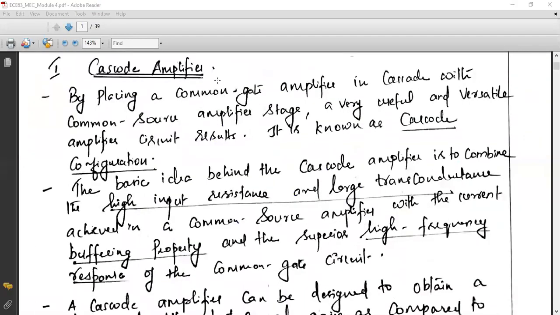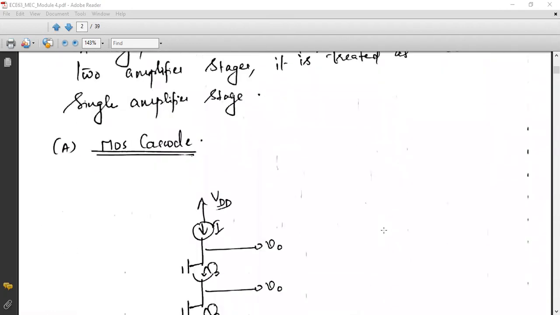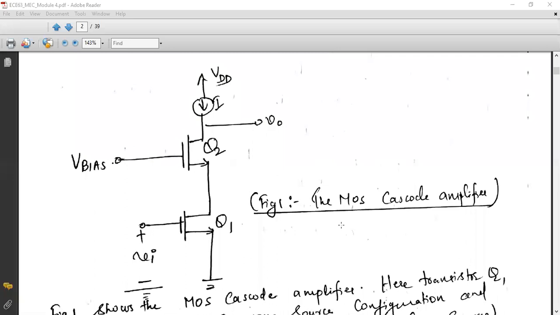Are you able to see the screen of the cascode amplifier? Cascode, it is not cascade, it is cascode. So let me define what is this cascode configuration. First, I'll show the circuit diagram, then you will be able to understand. So this is your cascode circuit, the cascode amplifier.